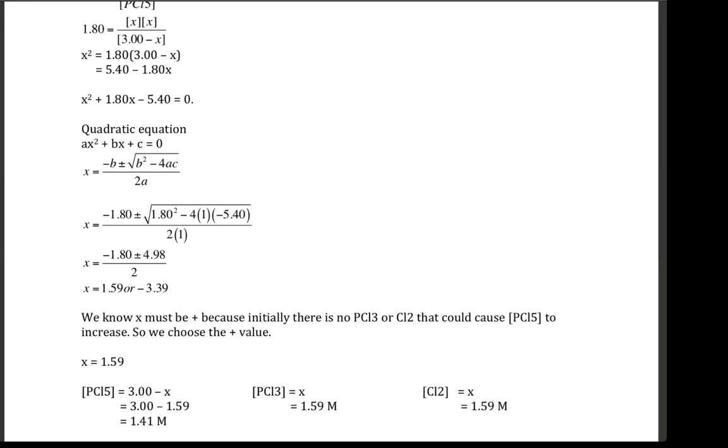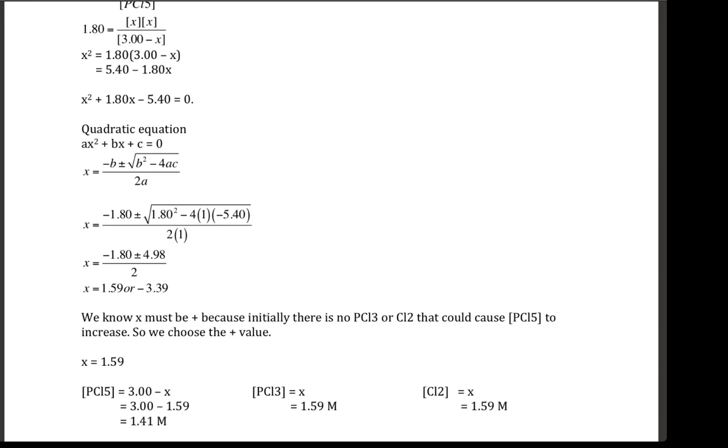So in general, we have ax squared plus bx plus c equals 0. And to solve for x, we have x equals minus b plus or minus the square root of b squared minus 4ac, all that over 2a. So we put in our value of b, negative 1.80.